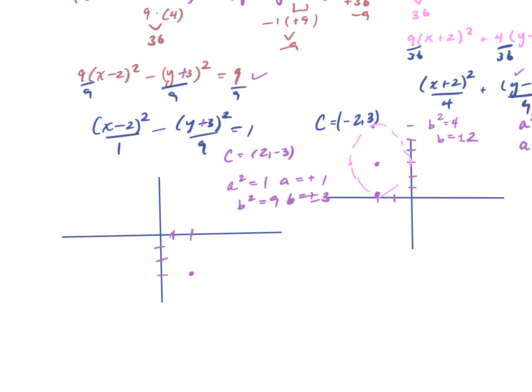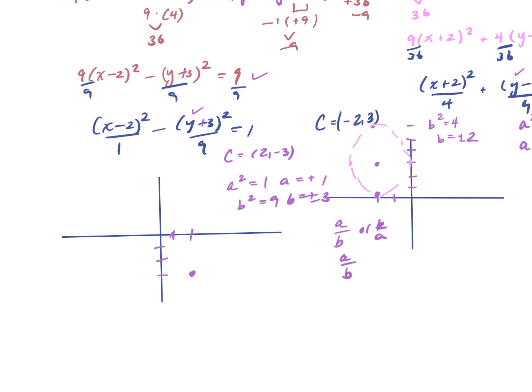When we write the equation of the asymptote, which we don't have to do right now, it goes through the center. But the slope is either going to be a ratio of a to b or b to a. It depends. If it's vertical, on the y-axis, it is a to b. And if it's horizontal, on the x-axis, it's b to a.